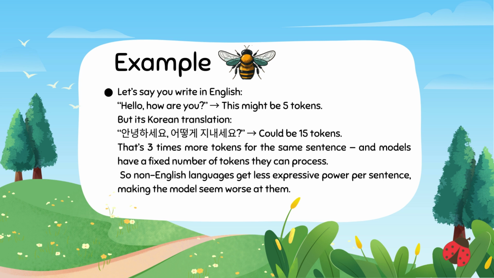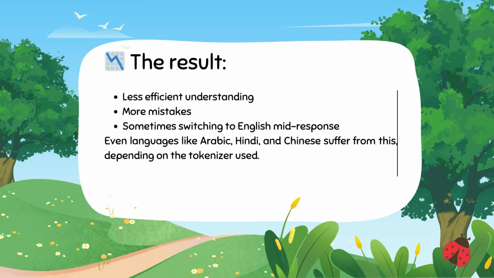And models have a fixed number of tokens they can process. So non-English languages get less expressive power per sentence, making the model seem worse at them. The result? Less efficient understanding, more mistakes, sometimes switching to English mid-response. Even languages like Arabic, Hindi, and Chinese suffer from this, depending on the tokenizer used.